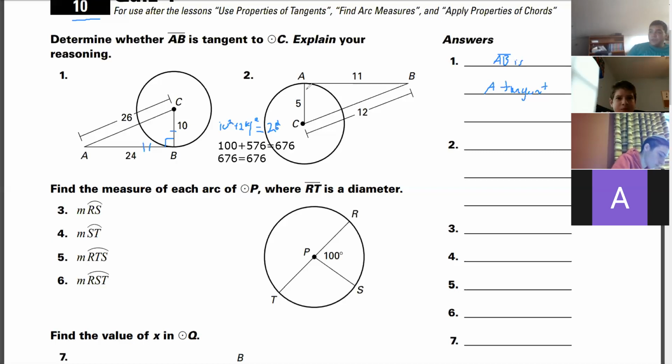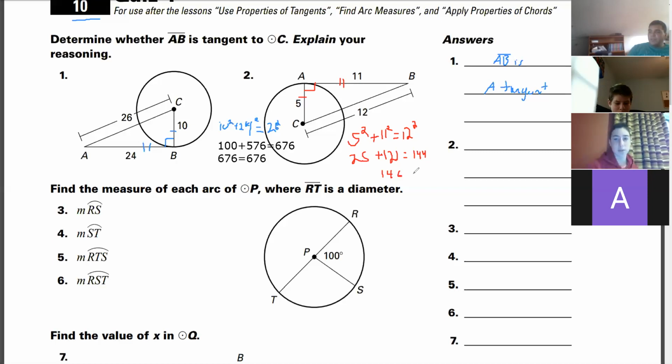Okay, so next one, we're again going to test this out. Same situation. If there's a right angle, this would form a right triangle, which means we could do the Pythagorean theorem. So it's 5 squared plus 11 squared equals 12 squared. 5 squared is 25 plus 11 squared is 121 equals 12 squared is 144. 25 plus 121 is 146.